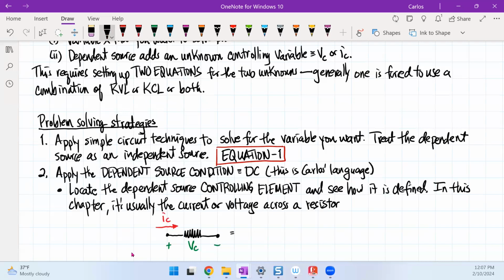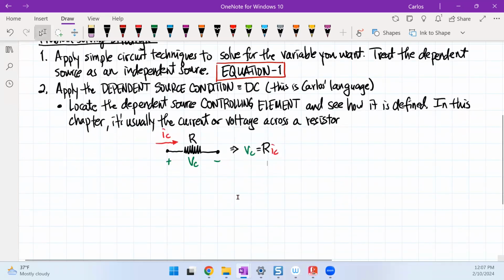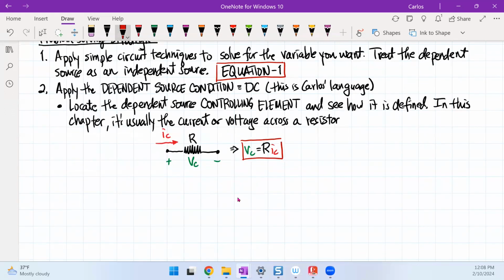Then what controls this element here is that VC is equal to R times IC. So in many cases, this is equation 2.